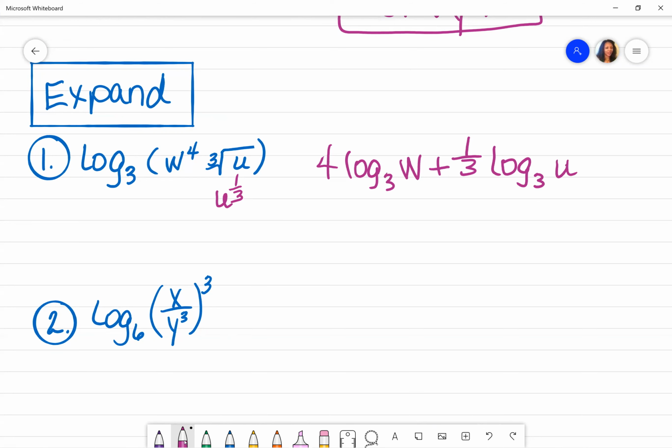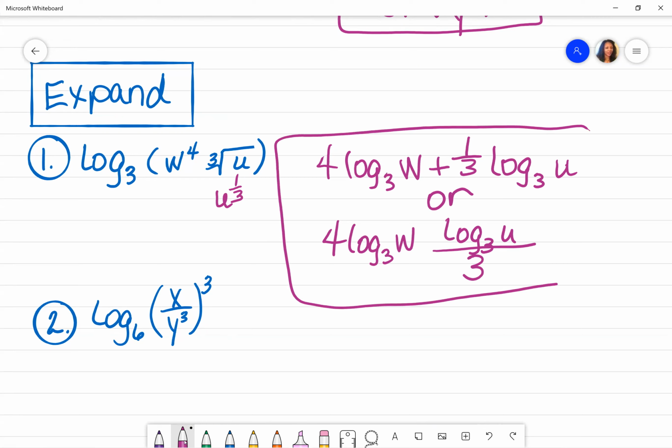Or you can write 4 log base 3 w, and then this time you can take the log base 3 of u and just divide it by that 3. It means the same thing. You will see it both ways. Okay, that's an or.